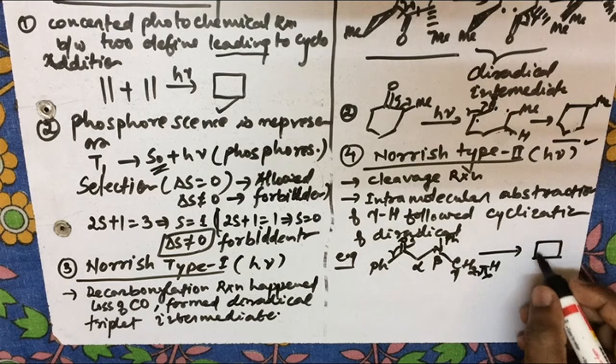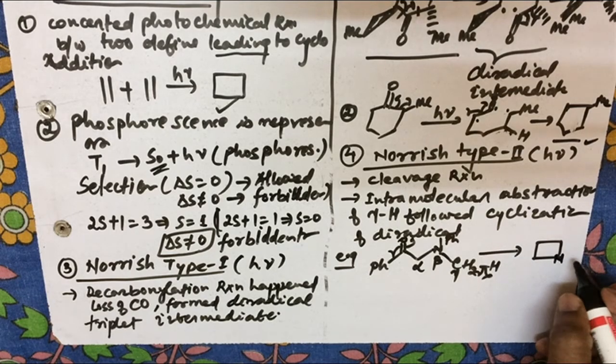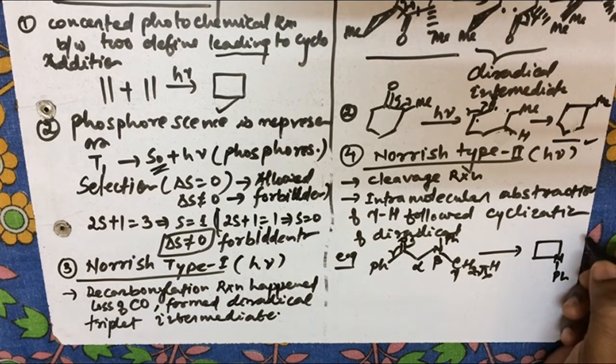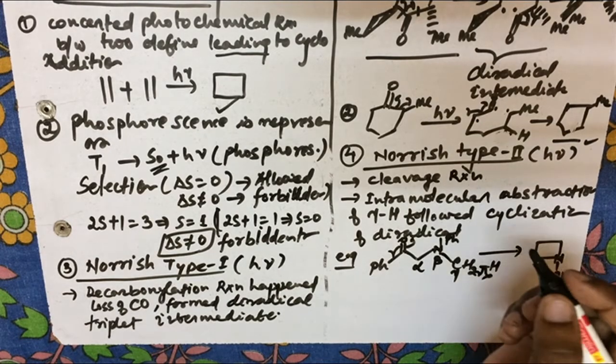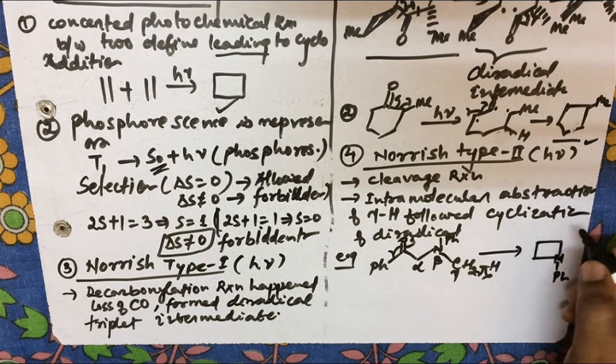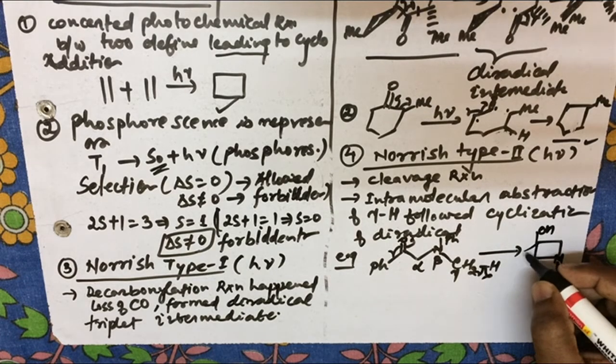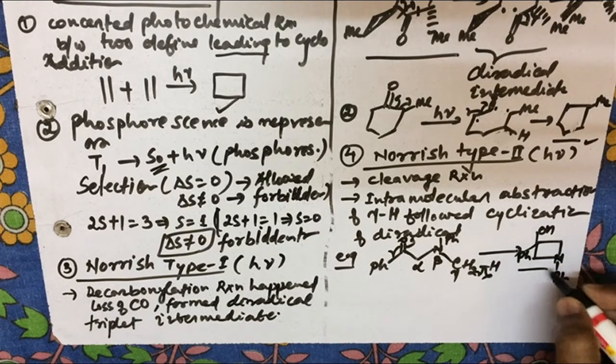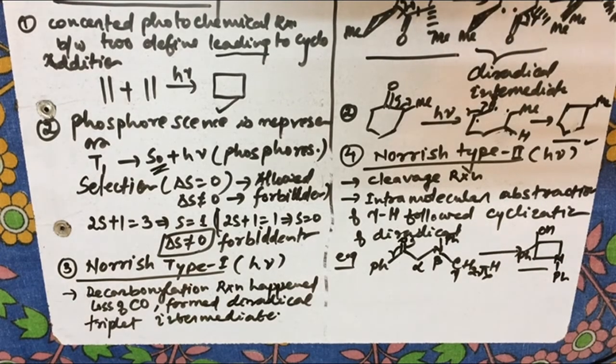Here this is your nitrogen and this is your Ph, and here your OH and here your Ph. So this is the product. Basically the gamma hydrogen is abstracted. So first you choose where your gamma hydrogen is, from which position you will get the gamma hydrogen.